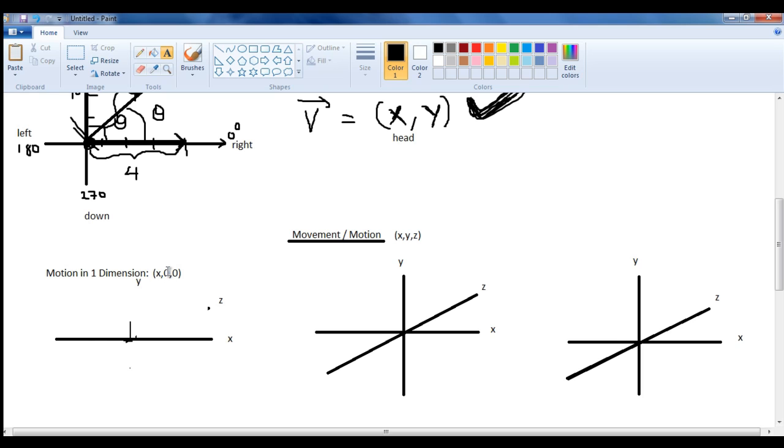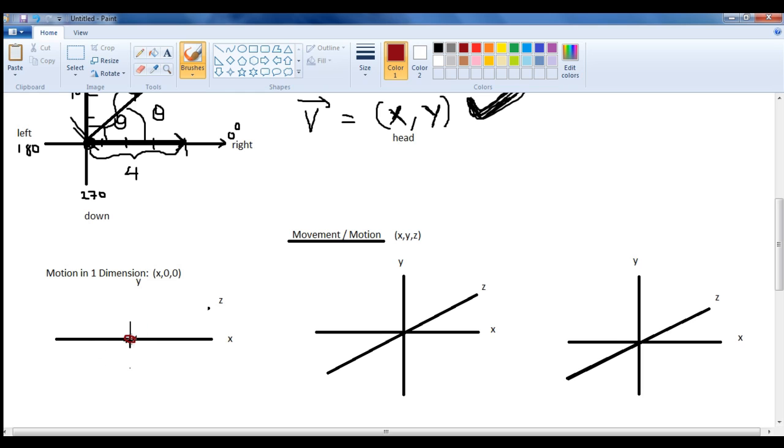Y will always be 0, z will always be 0. When y and z are 0, and x is also 0, the object will be exactly at the origin. Correct or not? If you place the object in this place, x will be 0, y will be 0, z will be 0. And you are not moving either up or down, either front or back. Z indicates moving the object front or back.